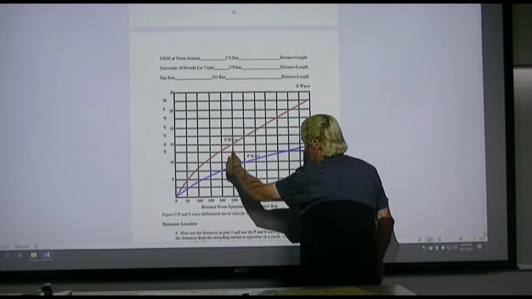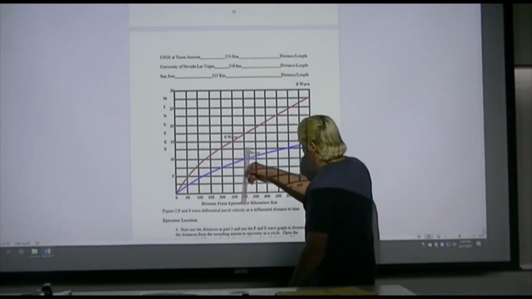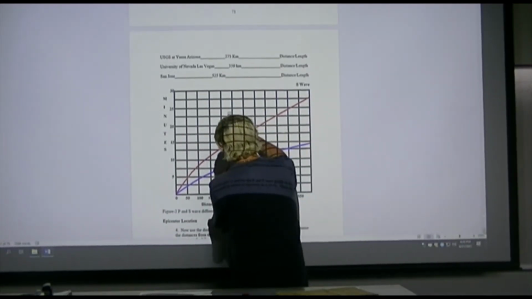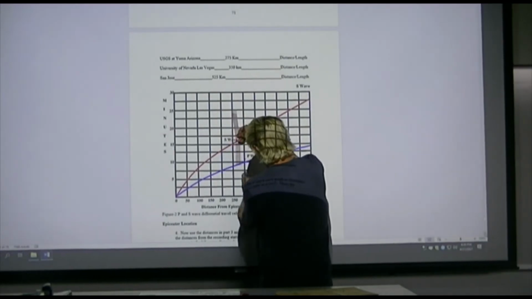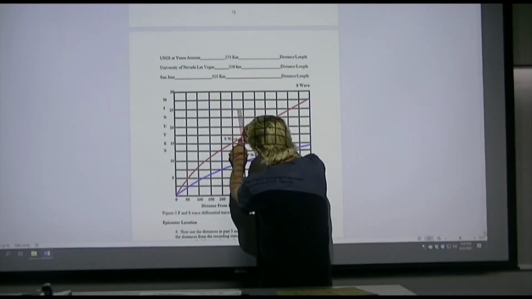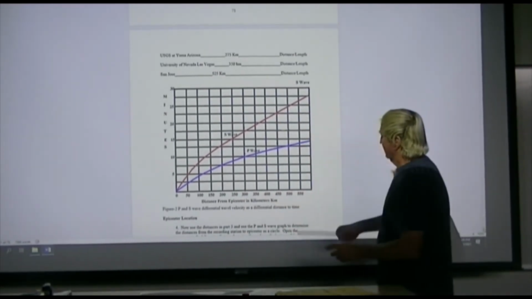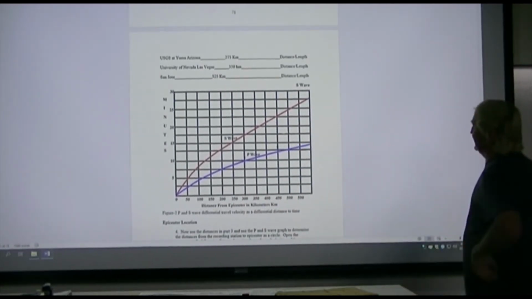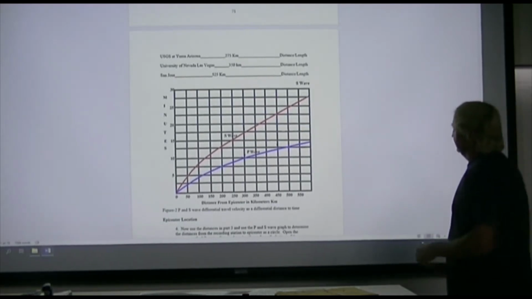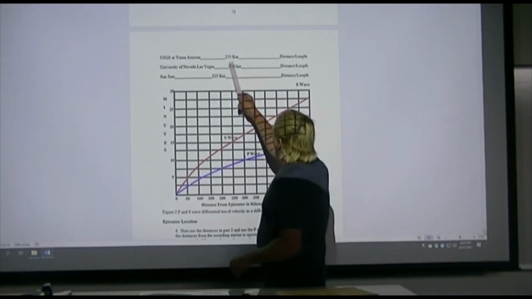In this case, it goes straight down. It's basically 275 kilometers. Actually, I used the wrong mark here. So there's where my mark is, and it goes straight down. It's 275 kilometers from the epicenter.